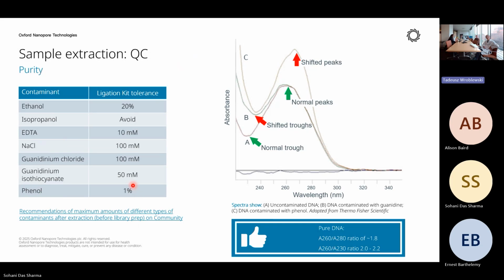Sometimes it happens because of the purification we are using. So the 260/280 and 260/230 ratios are a good quality check metric. It does not tell us everything about all the contaminants, but it's a good way to check purity.